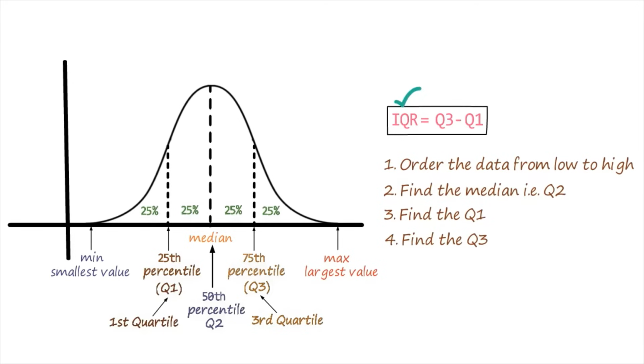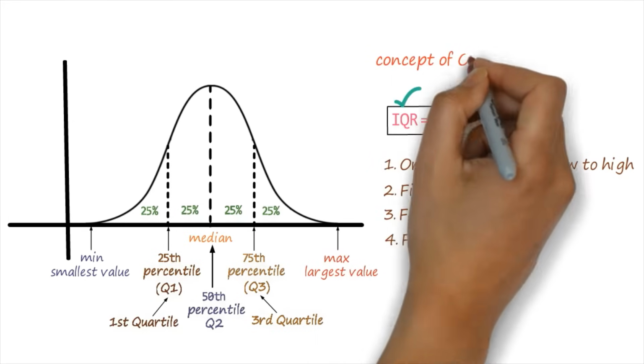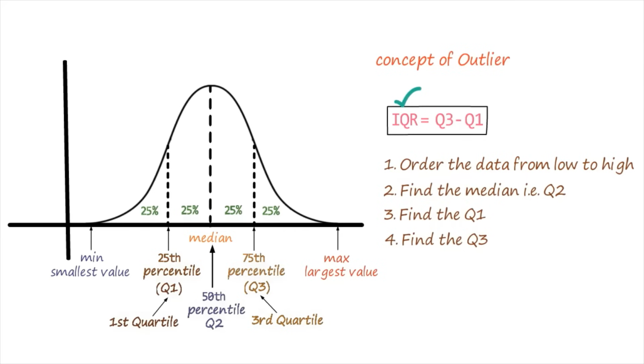This is the main question that we have to learn as a part of data visualization. So basically, why are we finding this IQR? So that we can find out the concept of outliers. Now, what is this outlier and how is it affecting our data set? Today we will discuss it mathematically as well as by coding.